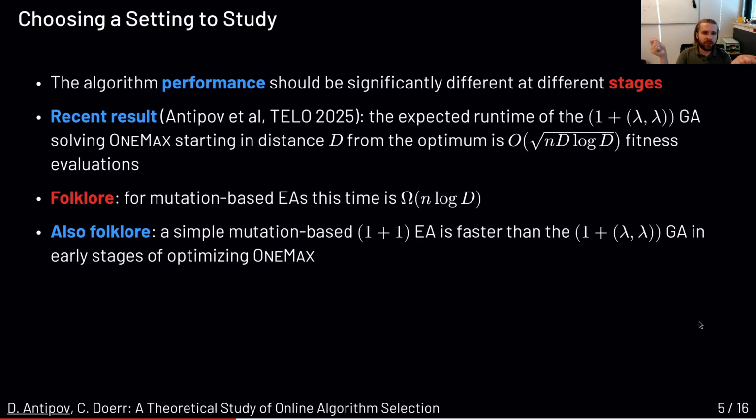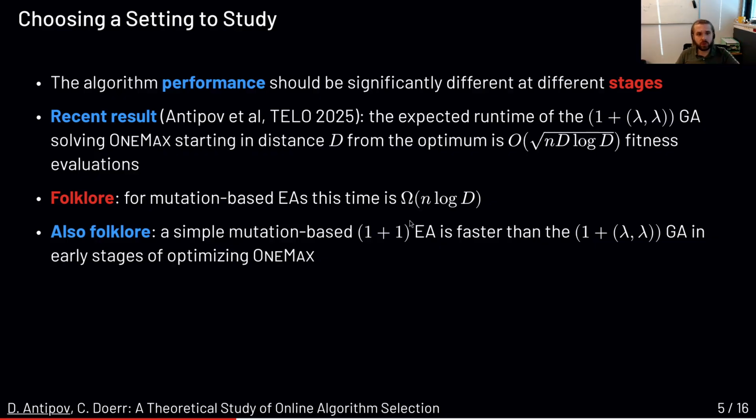The inspiration for such a portfolio can be drawn from the recent work of me with Maxime and Benjamin, which was published at TELO in 2025, where we showed that the (1+(λ,λ)) GA actually has quite good performance in the late stages of optimization of OneMax. Namely, if it starts at distance d from the optimum, it finds the optimum in square root of n d log d fitness evaluations.